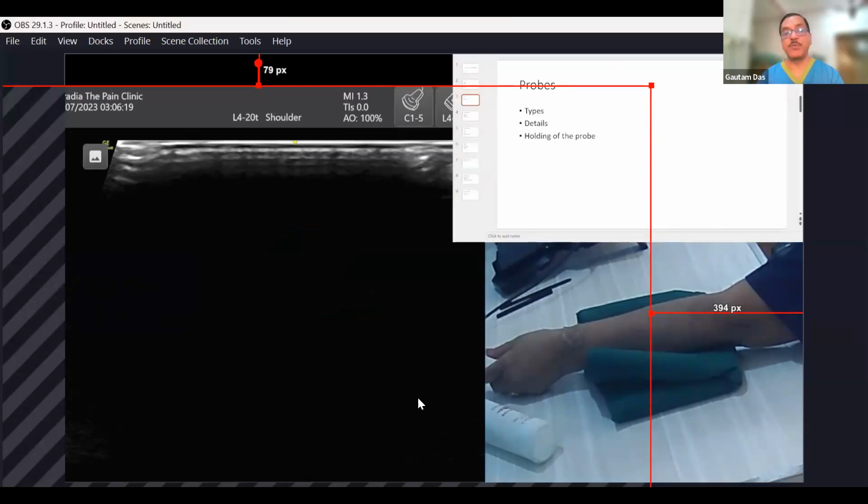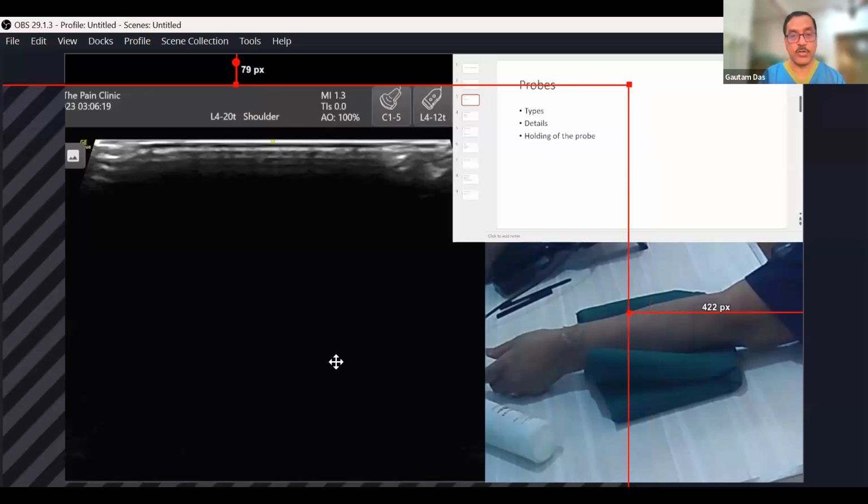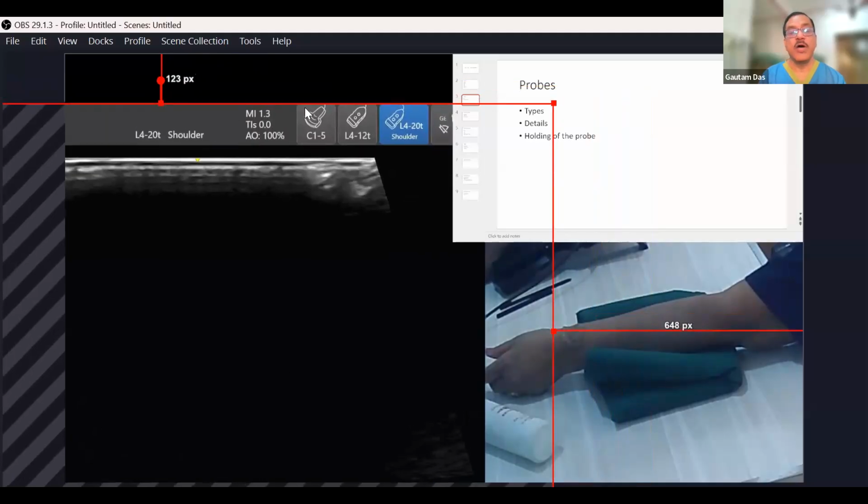There are different types of probe, but for the pain physician doing musculoskeletal ultrasound, three kinds of probe are important. I have already shown you one, the curvilinear probe. It is for the deeper structures. The abdomen or the chest is not our area of interest in musculoskeletal ultrasound. The most important area where we use the curvilinear probe is the spine, particularly the lumbar spine.